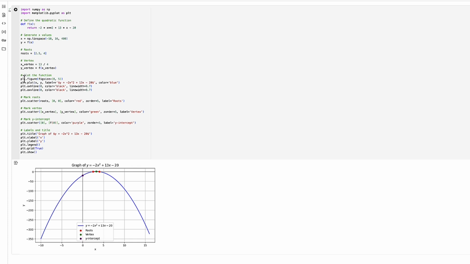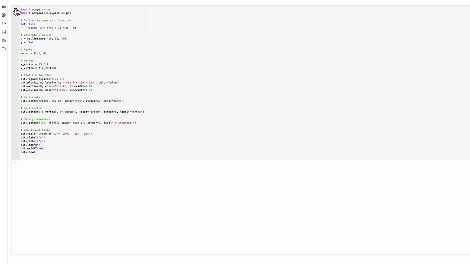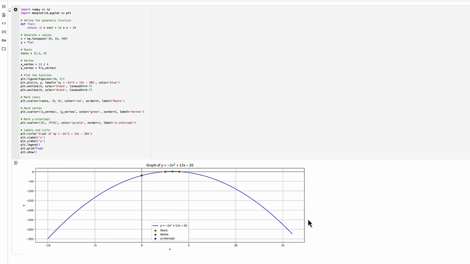If we go over here where it says figure size, let's put in 18. Let's see what happens here. Okay, it stretches out a little more. So we can see a little bit more of an idea of what's going on over here.